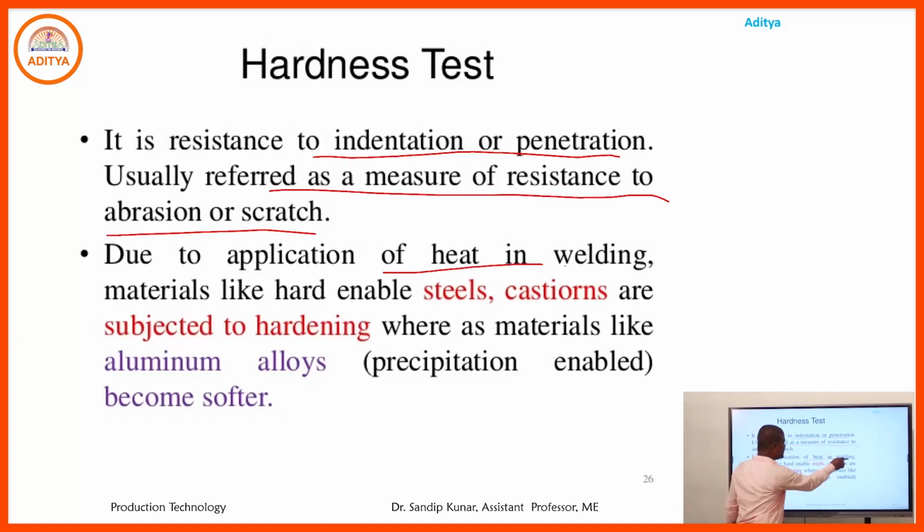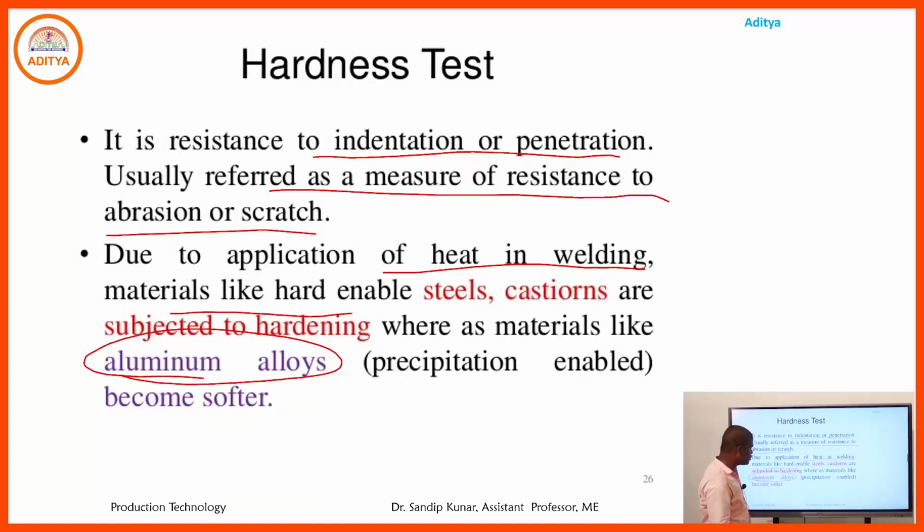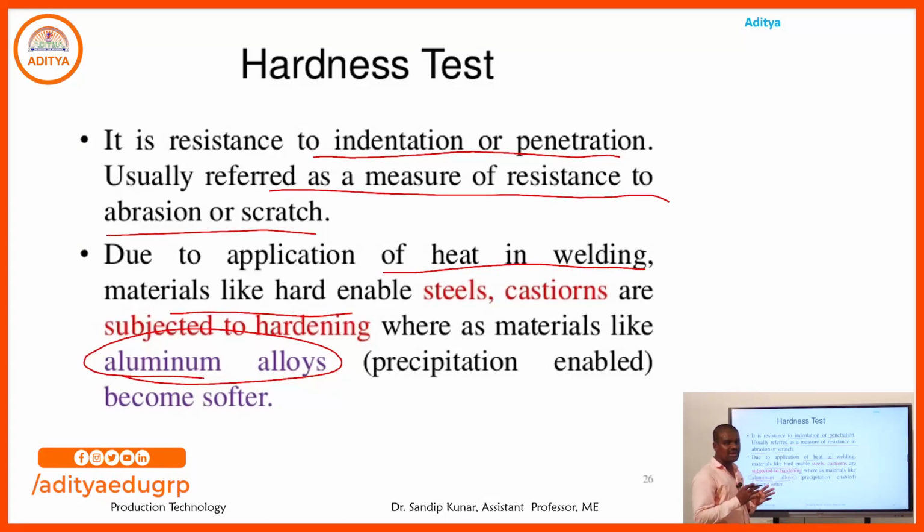Due to application of heat in welding, materials like hardenable steels and cast iron are subjected to more hardening in that particular metal zone. Sometimes harder material also forms in the case of aluminium. So we decide the magnitude of the hardness. There is the Rockwell scale, the Brinell scale. Using that scale or some other testing procedure, we find out the hardness of that particular weld joint.